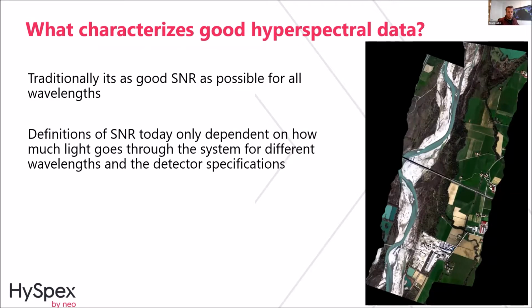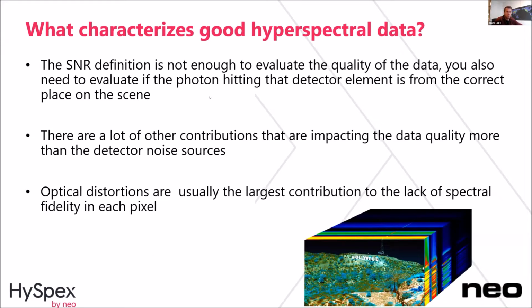Traditionally, good hyperspectral data means as good a signal-to-noise ratio as possible. But the definition of SNR today only depends on how much light goes through the system for different wavelengths and the detector specification. The SNR is not good enough to evaluate the quality of the data.